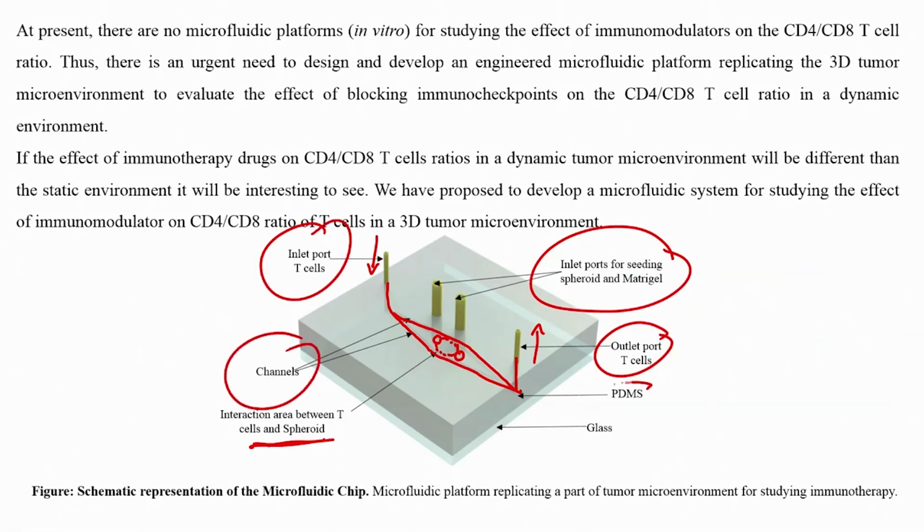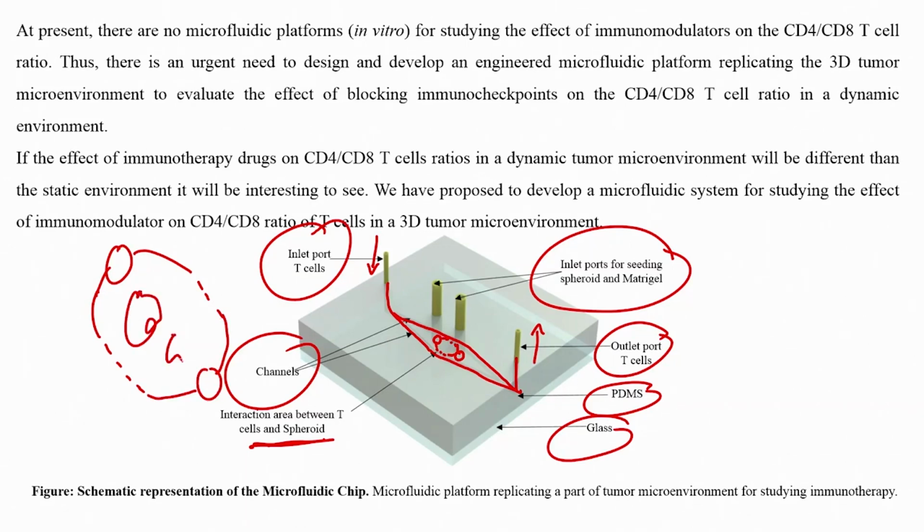The surface is PDMS, the bottom is glass, and this is the interaction area where you are loading the spheroid, right, the spheroid is here with Matrigel. So, this area is where the interaction between T cells and spheroids would happen.